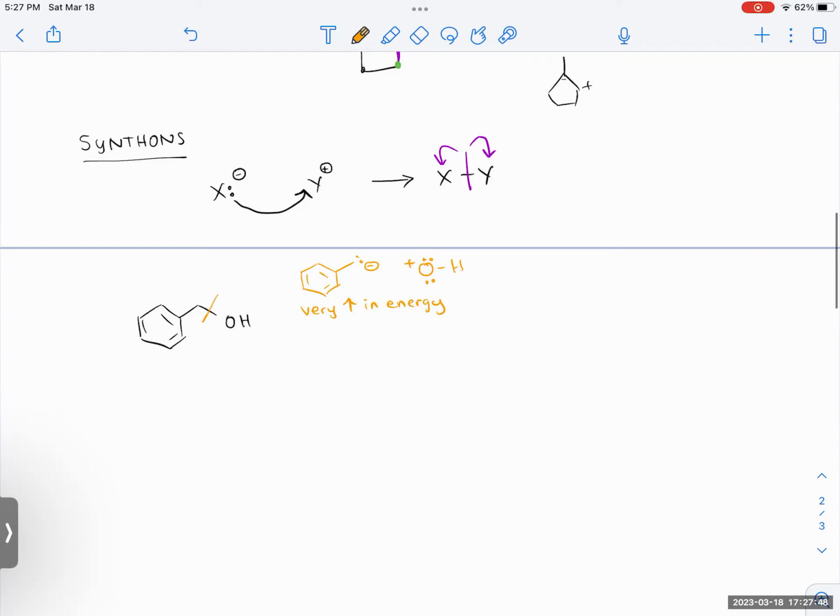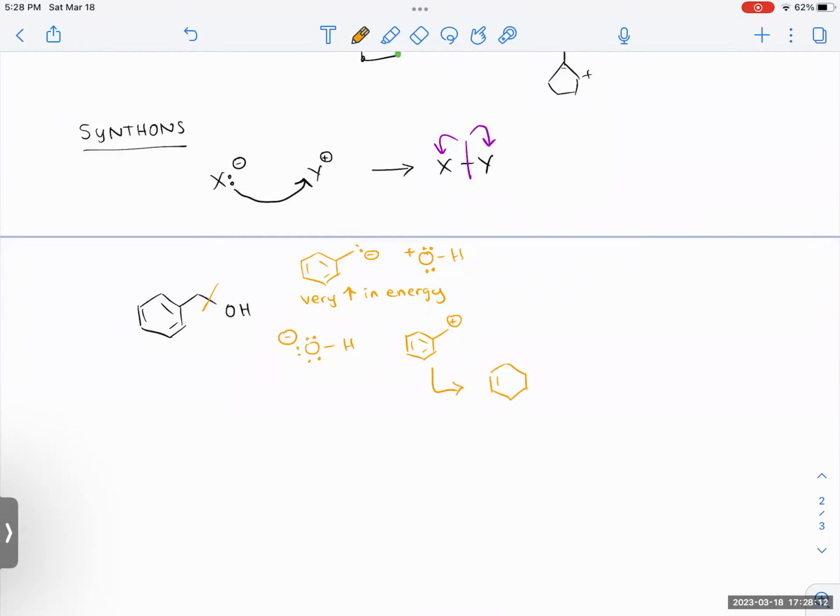So we need to actually put the electrons on our more electronegative molecule. In this case, it's going to go on the OH, and that is going to leave this with the positive charge. But we're not done because we need to add a leaving group. A really good leaving group happens to be bromine. We use it a lot. You can also use iodine or tosylate, which is OTs, although we don't use it really that much in this class.